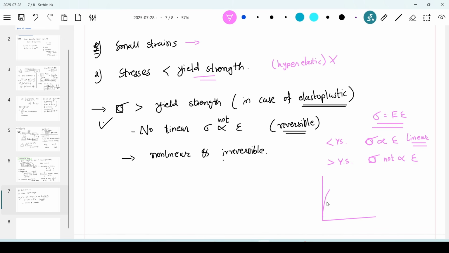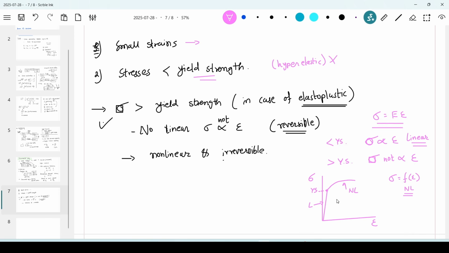So this is a linear relationship, this is our yield strength, this is sigma epsilon. So this region is for linear analysis, but beyond yield strength, the sigma epsilon relationship is not linear. So this is linear and this is non-linear relationship. So sigma we can say is a function of epsilon, which is a non-linear function.